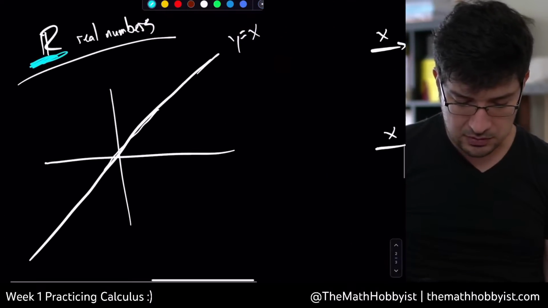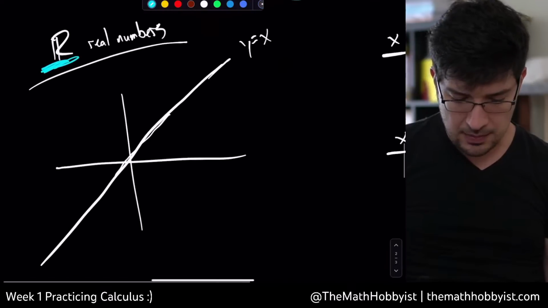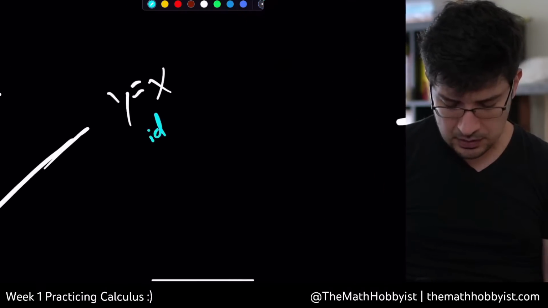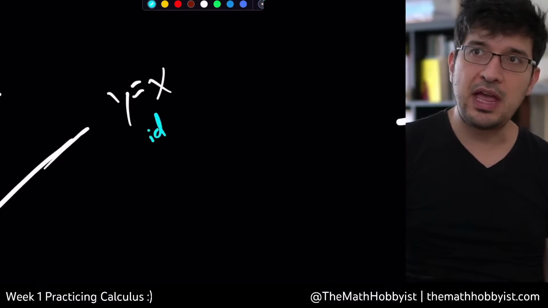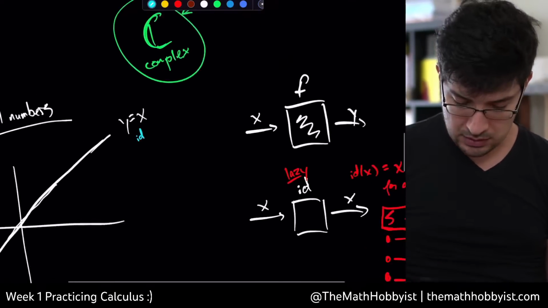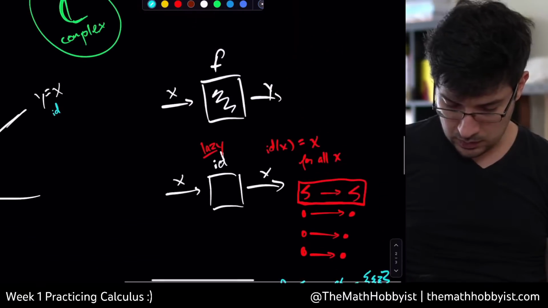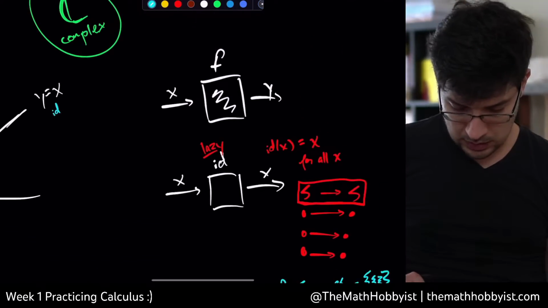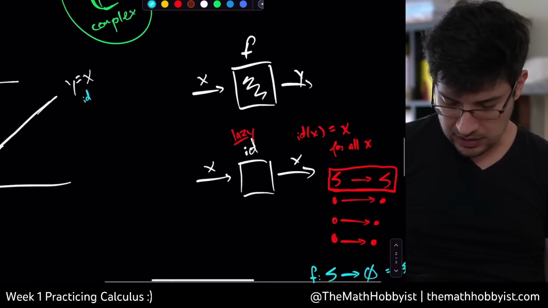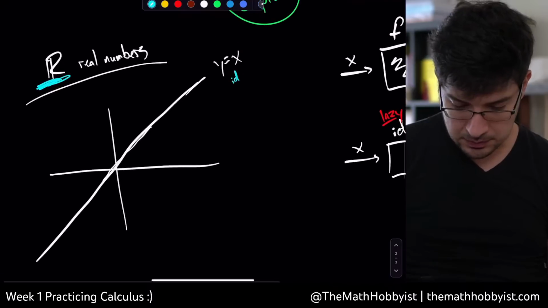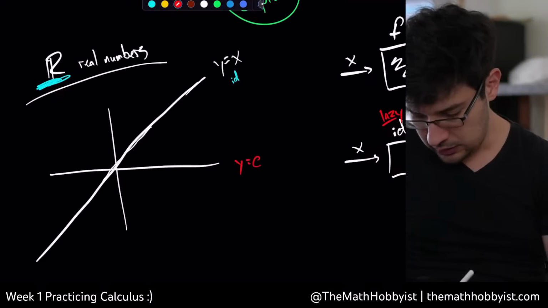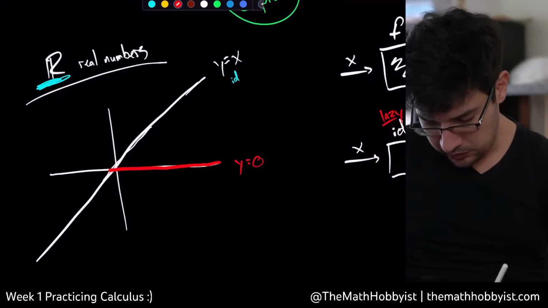Let's come back to the nice world. Here, this is an identity function. y equals x is the identity function in the real numbers. And so that's one simple example of a function. Another one is the function y equals 0.